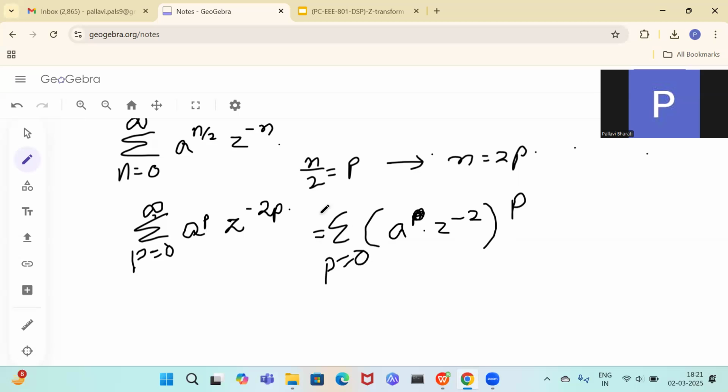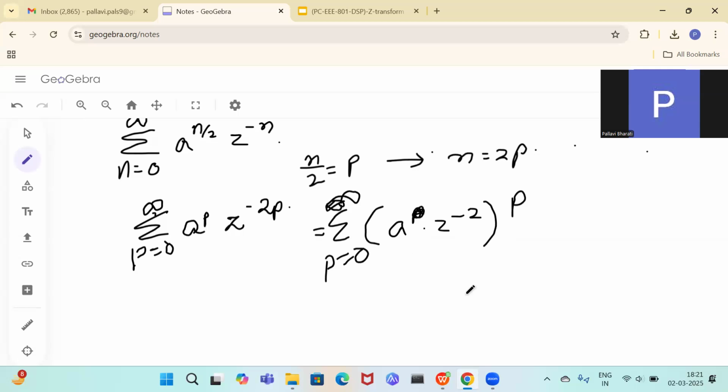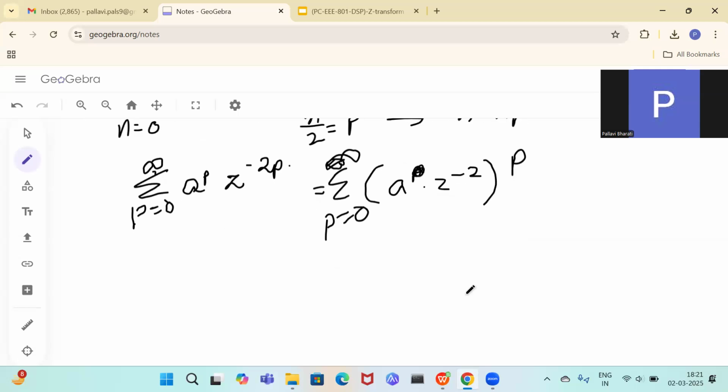Now if you see this, what is this? It is a geometric sequence. Let us see it term by term. The first term is 1. The second term is a z to the power minus 2.